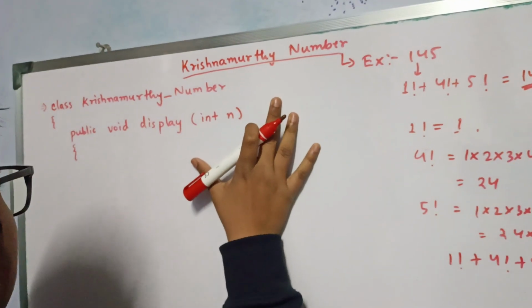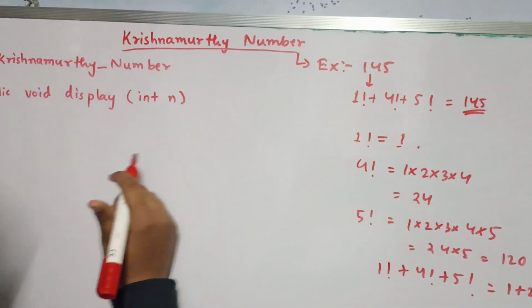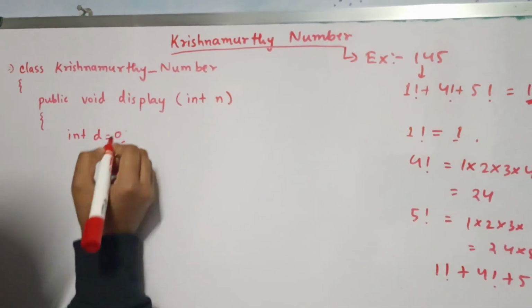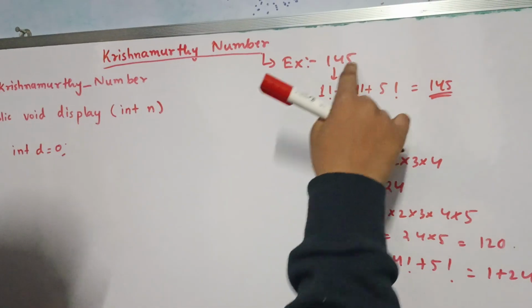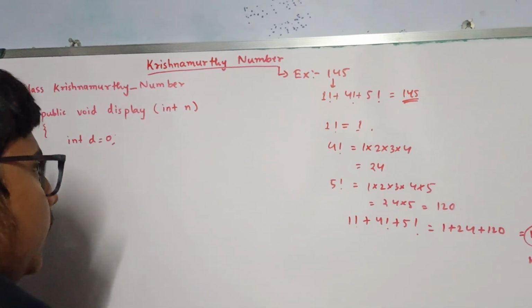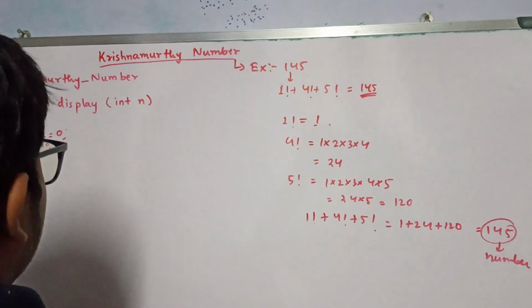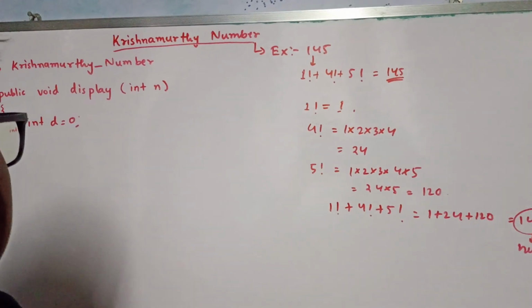Now we will initialize some variables to store some values for calculation. Let's initialize int d equals 0. As you can see in this program, from the given number, that is 145, you have to extract its digits. So in this program we need to perform the digit extraction method, and we have to use a loop for digit extraction.